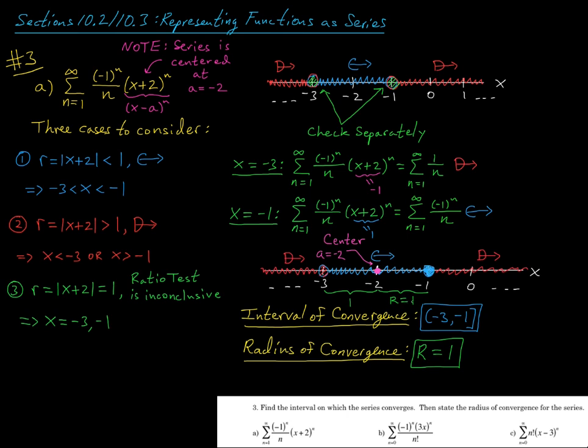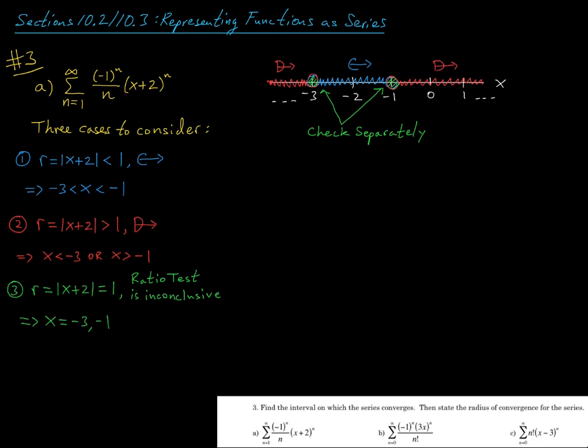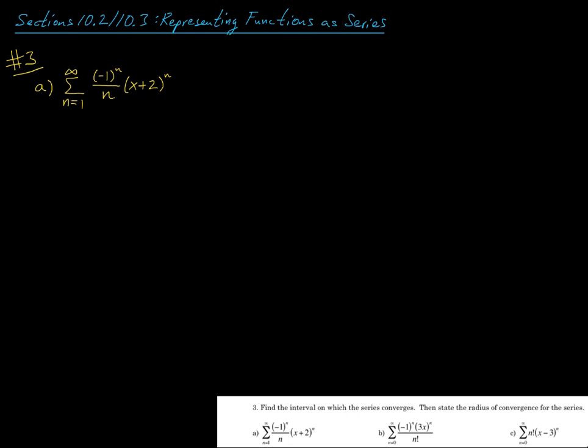Now, in the next video, when we prove the main theorem on convergence intervals, we're going to see that this gap from the center to the right endpoint and the gap from the center to the left endpoint are always the same. So it's never ambiguous what the radius of convergence is. Okay, so here the radius is equal to 1. All right, cool. So now let's go ahead and turn to part B.